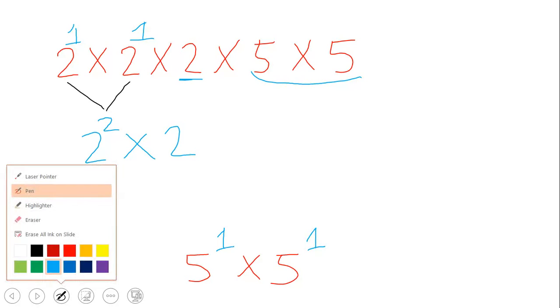Notice that they have the same base, so we add the exponents.